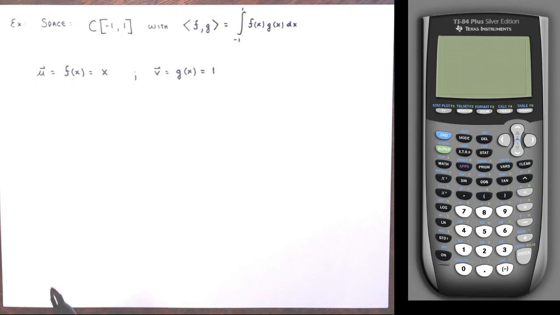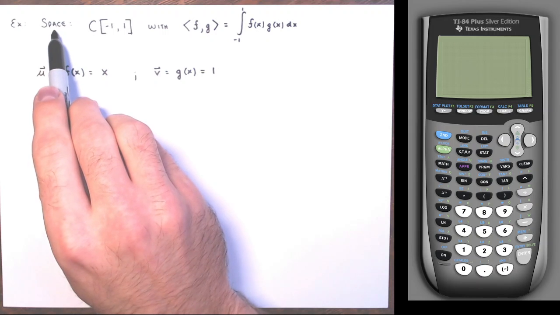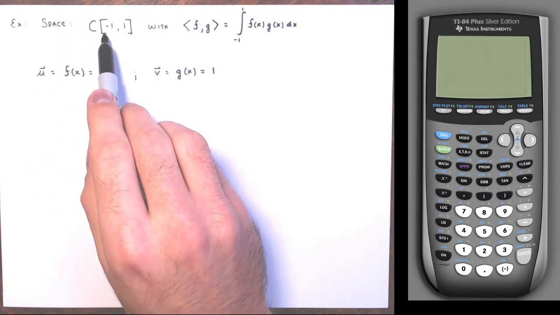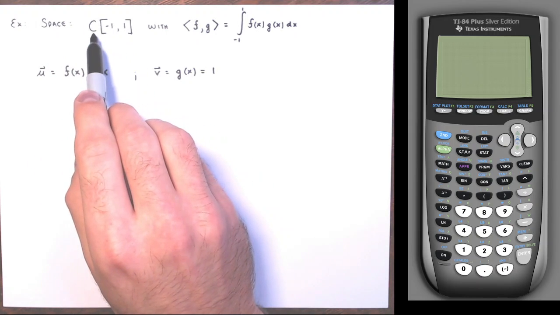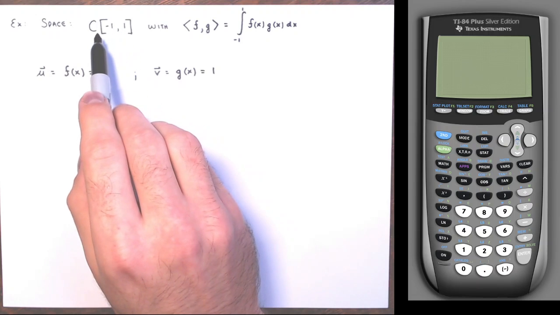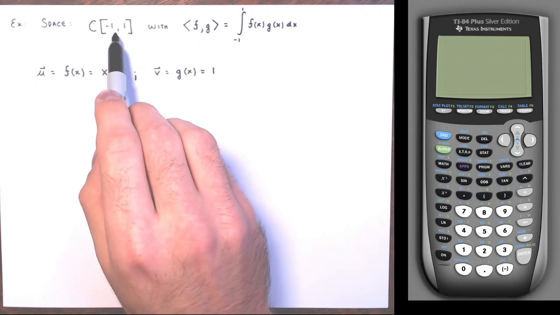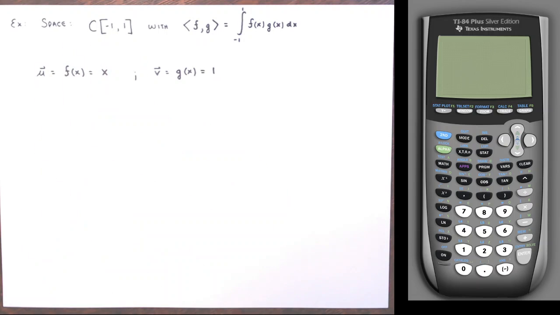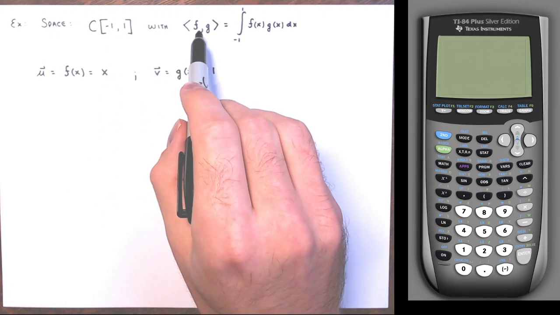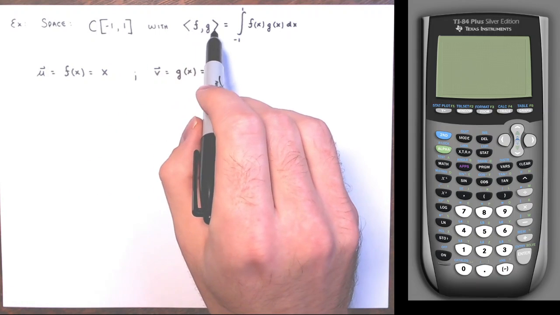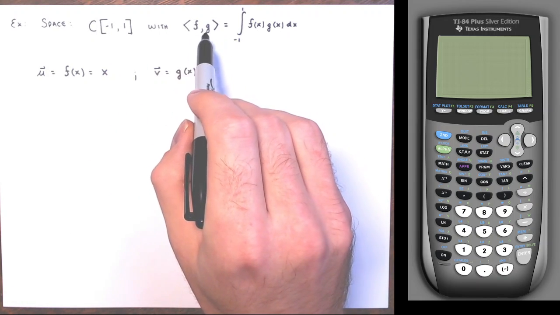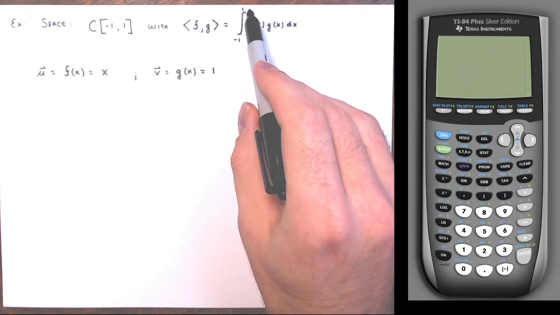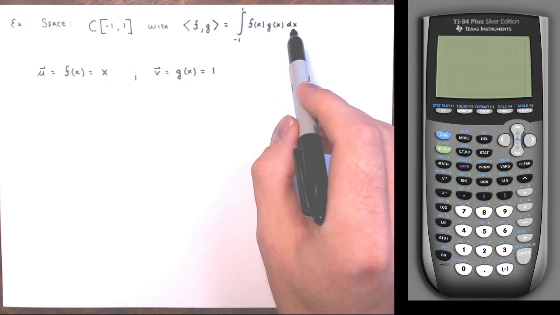All right, so this time my inner product space is C of the closed interval negative 1 to 1. Remember, this is the set of functions that are continuous on the closed interval from negative 1 to 1 on the real number line, with that integral inner product, where the inner product of two functions is the integral from negative 1 to 1 of the product of those functions with respect to x.